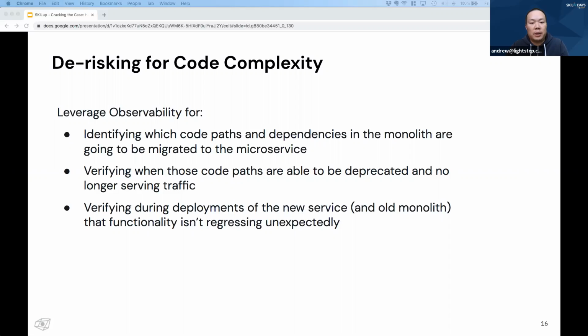Without this visibility, you could not have the confidence to remove this old code from your monolith, leaving behind zombie functionality because you can never be sure that it is no longer needed. Thirdly, visibility during deployments will help you ensure that we do not introduce unexpected regression back to these old code paths.